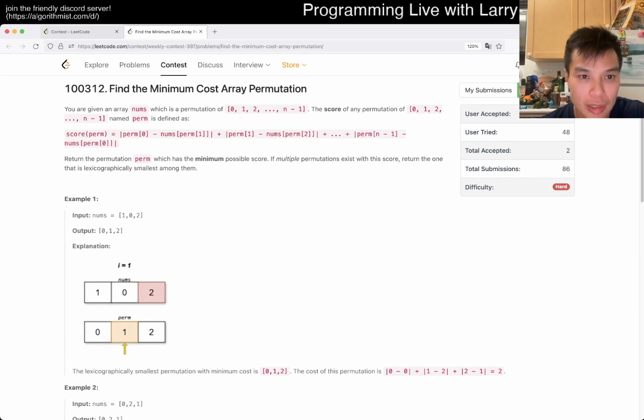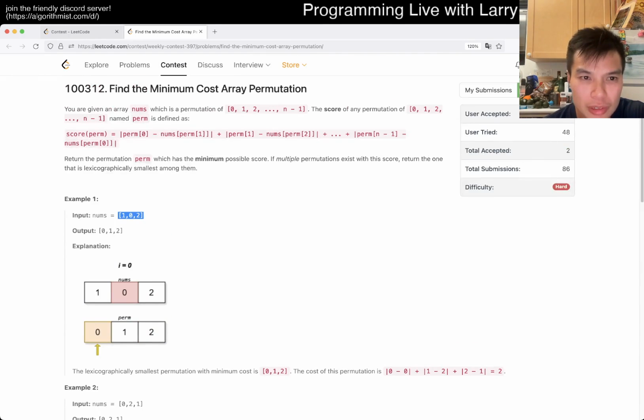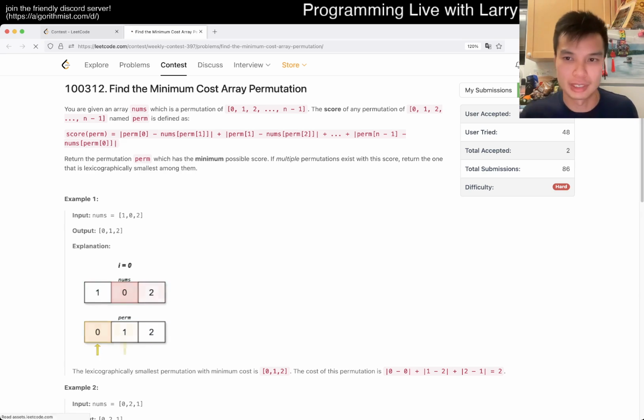Let's focus. Nums is a permutation. Okay, so score of, what's that mean? Perm of 0, nums of perm of 0, perm 1, I mean. What does that mean? Focus. What does this mean?